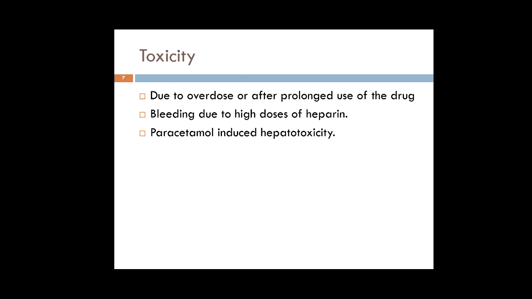So if we give more dose of heparin, there will be increased bleeding, right? So this is a toxicity of heparin. Another example is paracetamol-induced hepatotoxicity. Paracetamol is a simple analgesic antipyretic drug. If it is given repeatedly or overdosing of the drug is there, then it will cause a hepatotoxic effect.